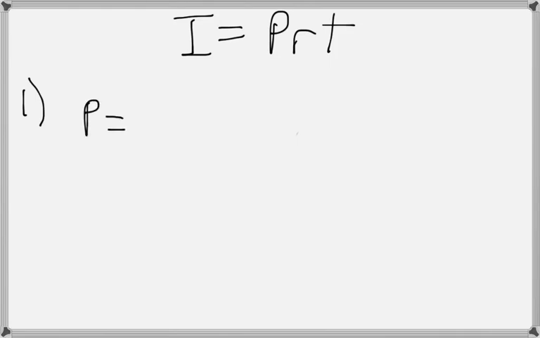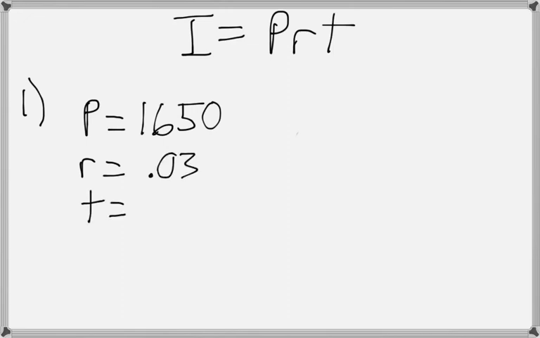So I know that my principal is $16.50. I know my rate, well, it's 3%, but as a decimal, that's 0.03. And I know my time is 2 years. And my interest, I don't know what that is.